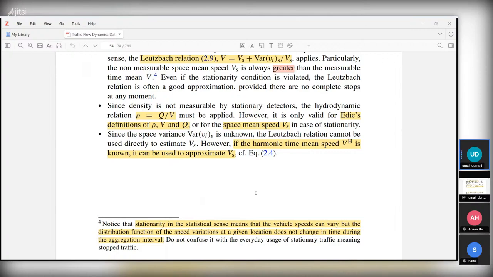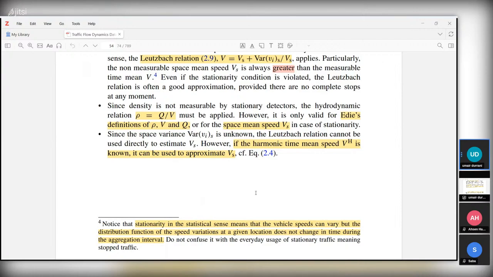To take an example, let's say our aggregation interval is 15 minutes. That's delta t. Within those 15 minutes, the vehicles that pass a detector are going to have different speeds. So we get all those speeds and we create a distribution of it.